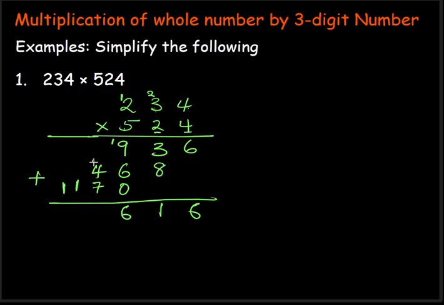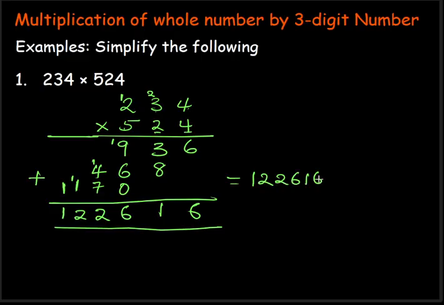Carried 1. 1 plus 4, 5. 5 plus 7, that will be 12. 2 carried 1. 1 plus 1, 2. And then we bring down our 1 here. So our answer here will be 122,616. That's our answer.